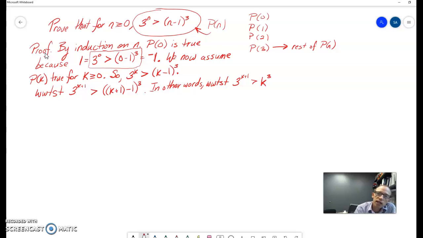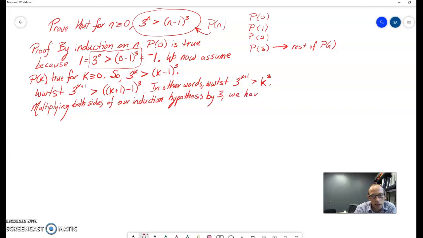So how are we going to do that? Well, remember, we have this as a starting line. We know that this is true. Since this is true, we could multiply both sides of our induction hypothesis by 3.